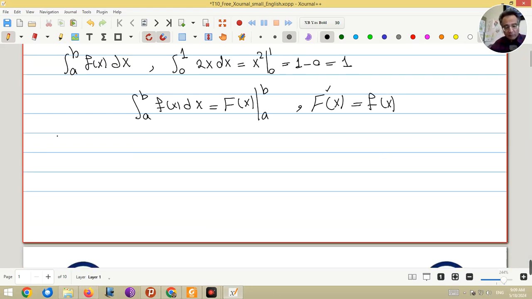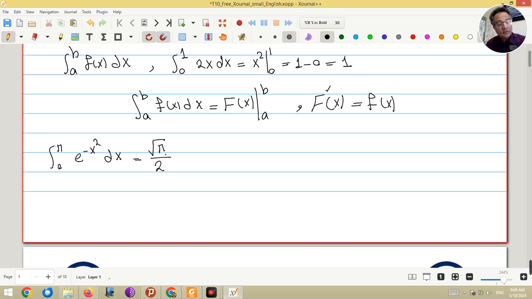For example, suppose that we want to compute the integral from 0 to infinity of e to the power of minus x squared dx. We know that there is no function that, if we take its derivative, we get e to the power of minus x squared. But we know that the value of this integral is the square root of pi over 2.